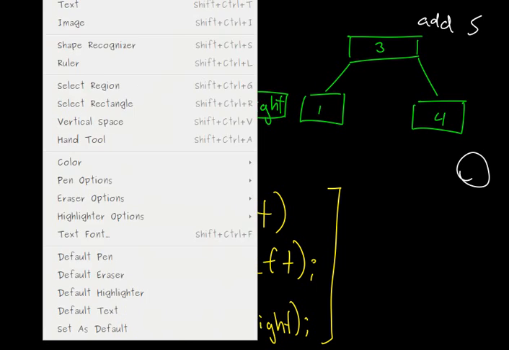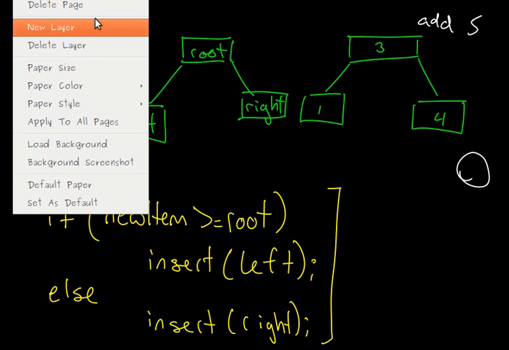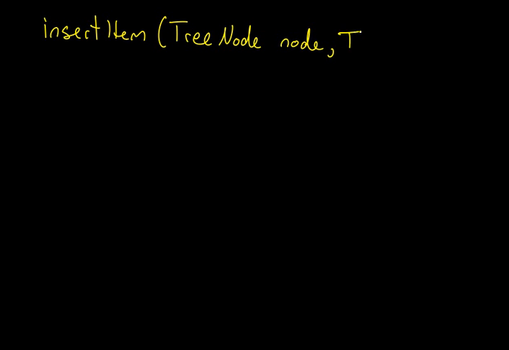Okay, so I'm just going to add a new page. Okay, so let's write a method for that then. Insert item, and you would have to specify a tree node, and of course your item, which is of type T for this tree.